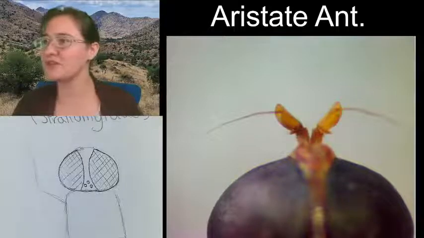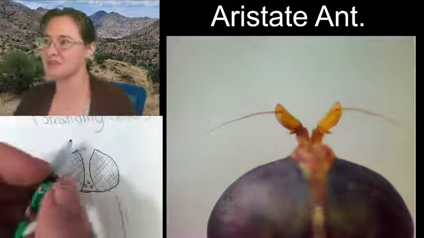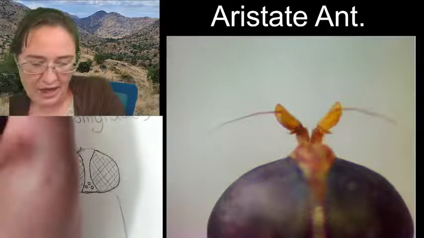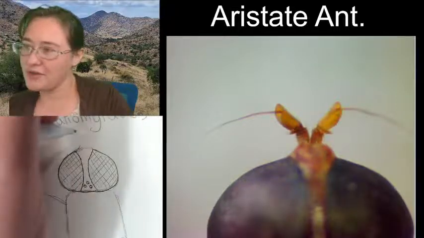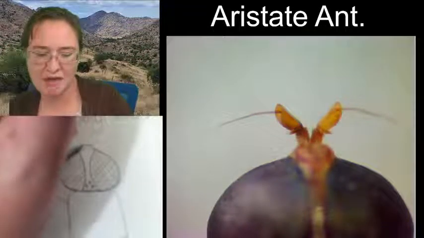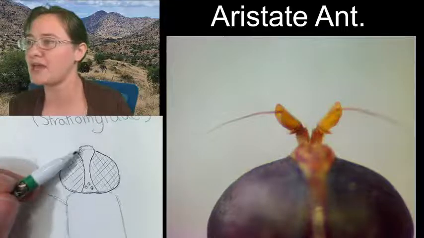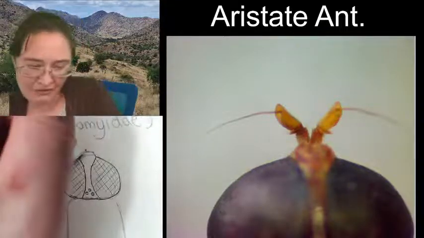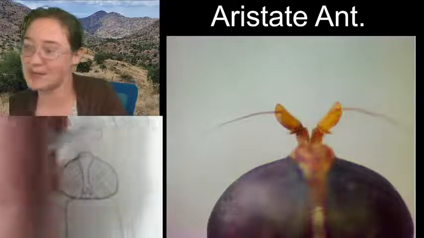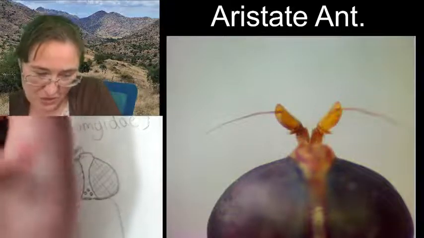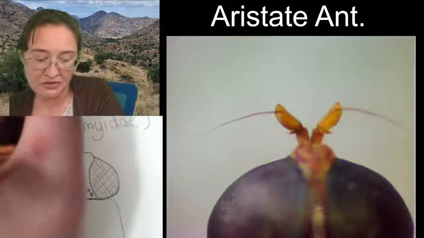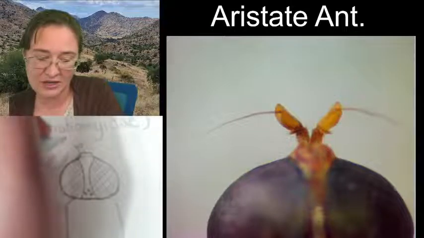So way up here in the front, I'm going to come back to my sketching pencil because I want to do this lightly just to make sure I've got the shapes right. The antennal segments actually come out of the head just a little bit, so we want to make sure we've got that taken care of. And then our actual aristate antenna are 3-segmented. So we've got this rectangular one that's first. Then we have a small kind of cup-like segment that's very narrow.